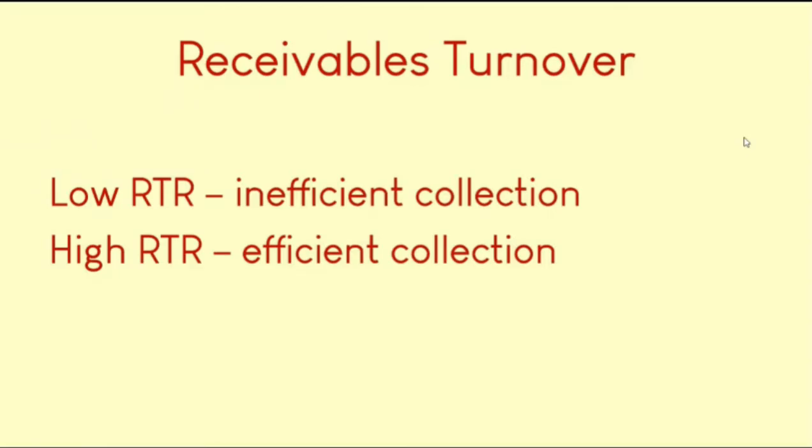So how would we know if we have an inefficient or efficient collection? Usually, it's the same with the next one, the payables turnover, which is increasing or decreasing. You cannot fully appreciate the value of the receivables turnover if it's just given to you as a singular data point, this being the receivables turnover for this particular period. We need to have a point of reference.